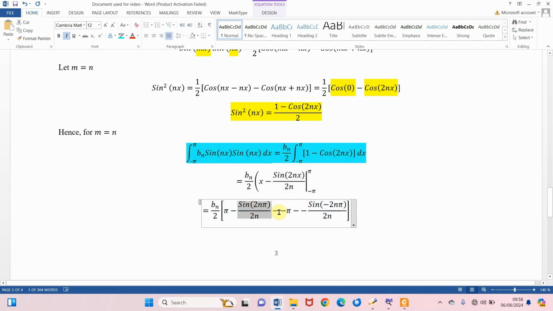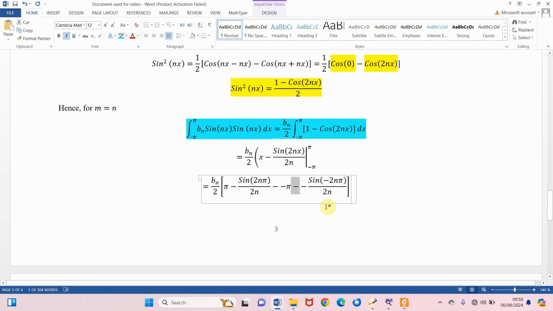Then minus, this minus here is talking about the upper bound minus the lower bound. So this minus pi here is to evaluate this. You know, x here, we turn to minus pi. Then minus sine of minus 2n pi over 2n. Okay?